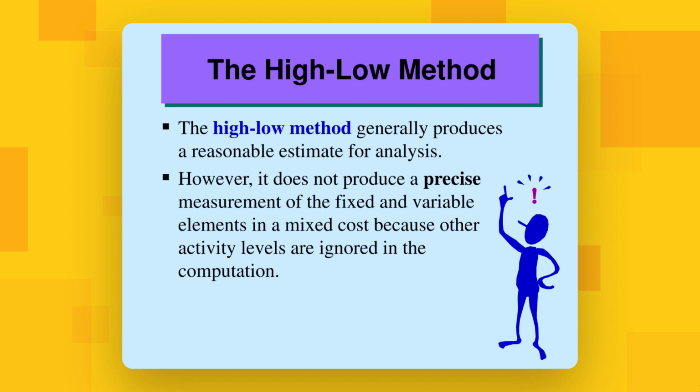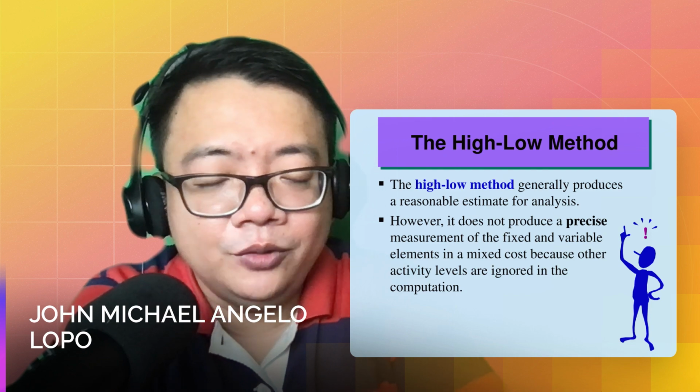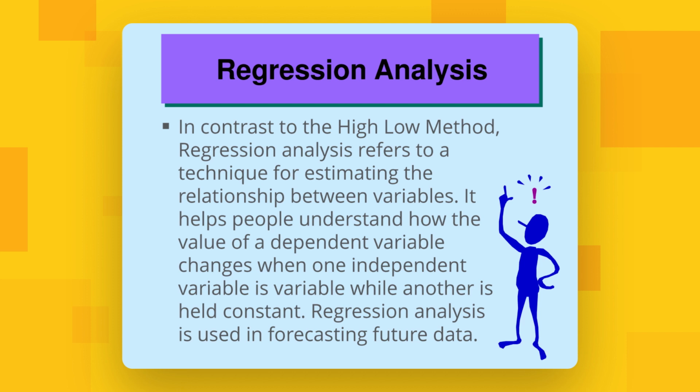That is why, class, we will discuss another method, which is your regression analysis. What do you mean by regression analysis? When you say regression, in contrast to the high-low method, regression refers to a technique in estimating the relationship between the variable and your fixed.